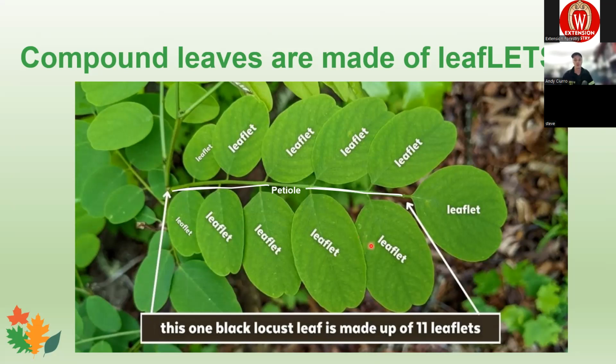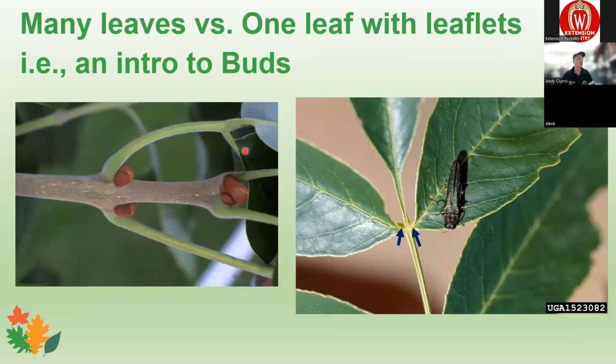So how do we know this is a compound leaf made of leaflets and not a twig made up of opposite-branching simple leaves? Well, the answer is at the base of each leaf, where a leaf connects to the branch, to the stem, there's a bud.